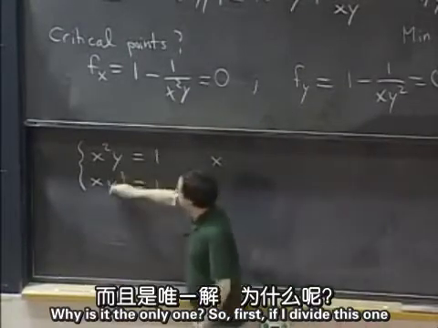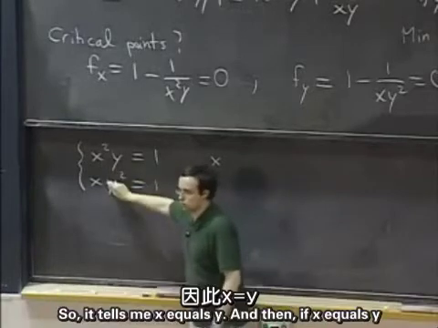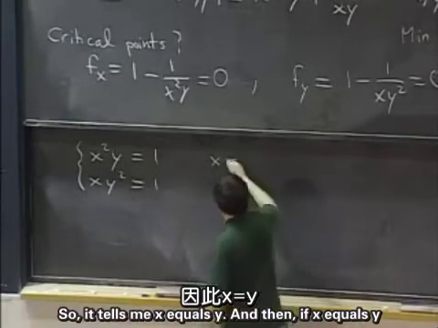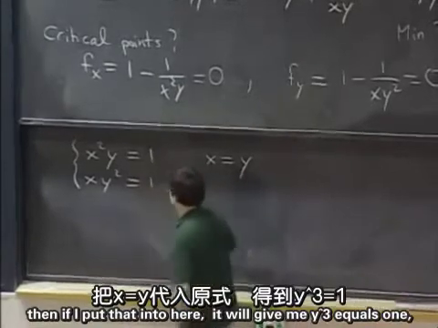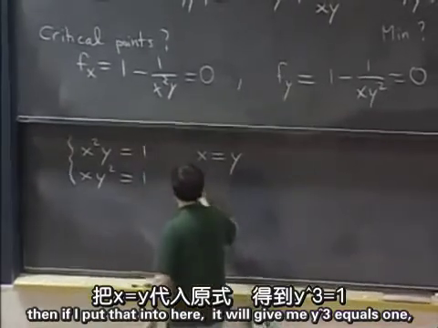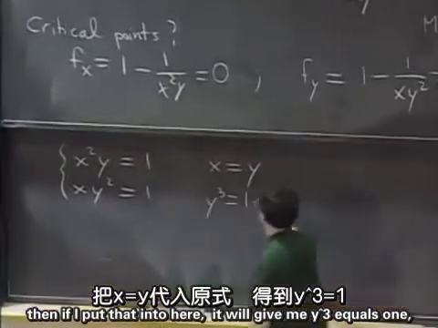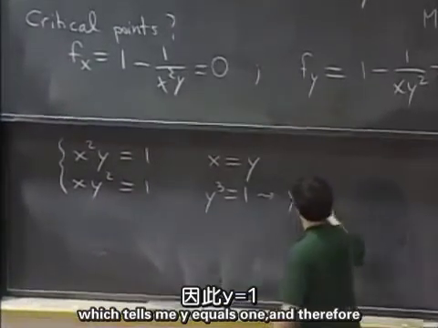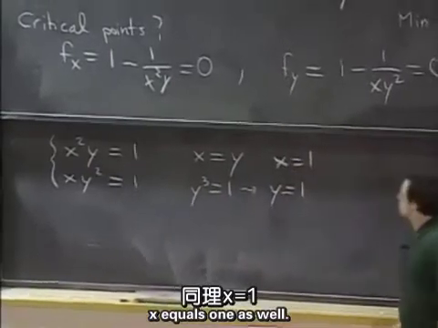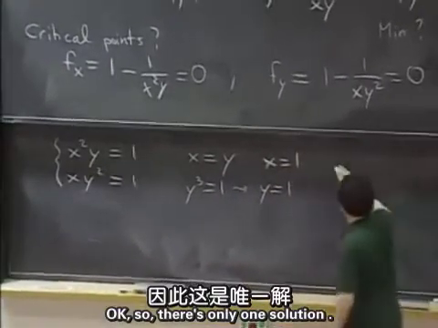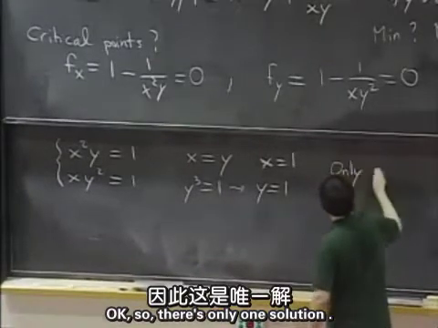So first, if I divide this one by that one, I get x over y equals 1, so that tells me x equals y. And then if x equals y, then if I put that into here, it will give me y cubed equals 1, which tells me y equals 1, and therefore x equals 1 as well. Okay, so there's only one solution.